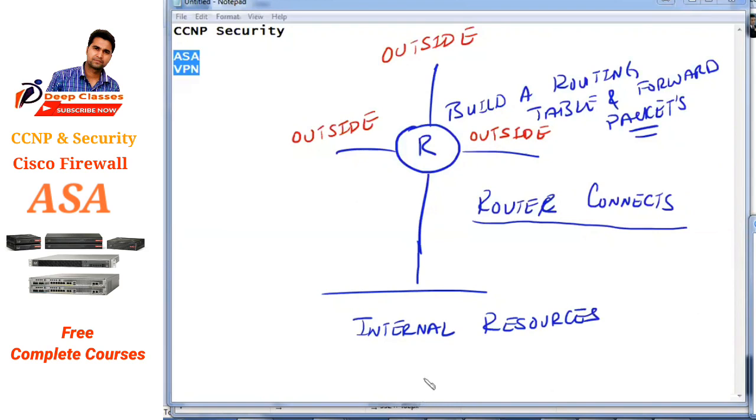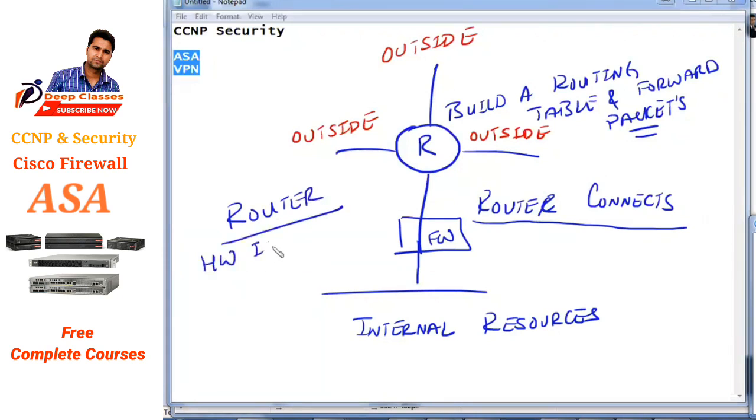All right? So that's your first line of defense, your firewall. What is a firewall? Essentially, it is nothing more than a router, but the hardware is optimized for security.